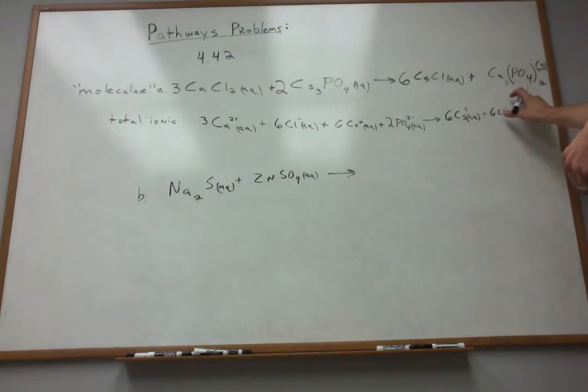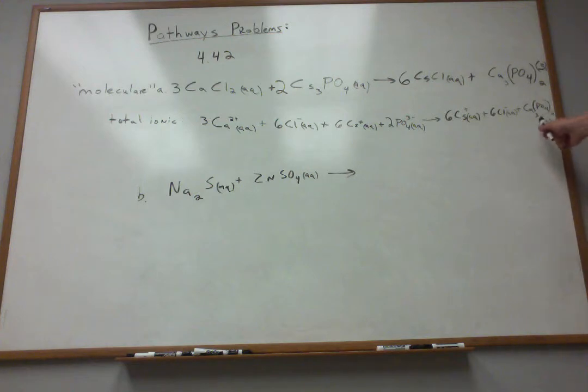And now what about this last one? On the previous step, I determined that that was going to be my solid precipitate. Solid precipitates appear in the total ionic equation as solid precipitates because that's how they're really existing. So I'm going to actually write this one the same: Ca3(PO4)2, solid.